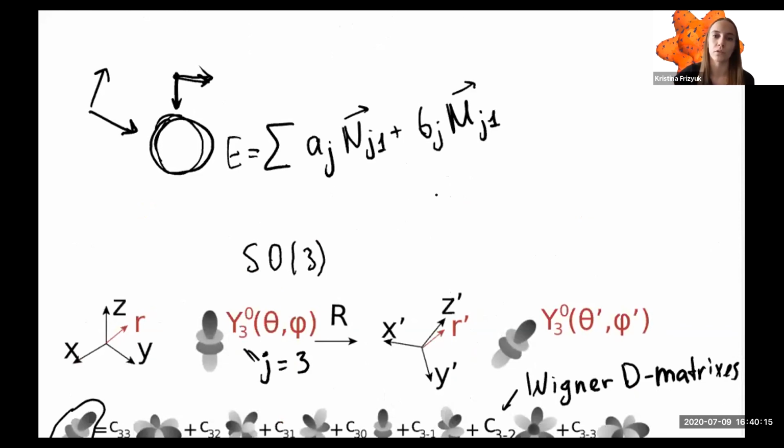It will not look beautiful, but you can find it using the rotational properties of vector spherical harmonics. Okay, this is the question.